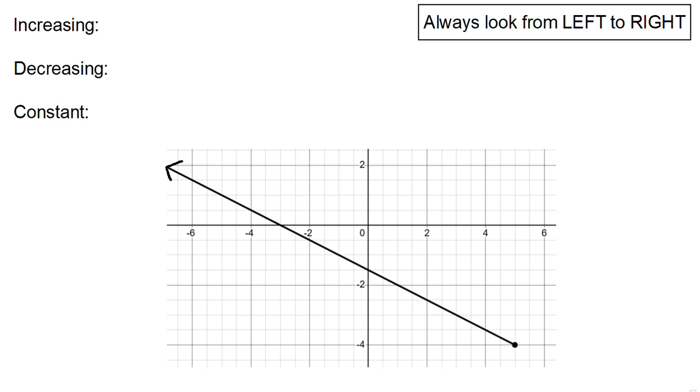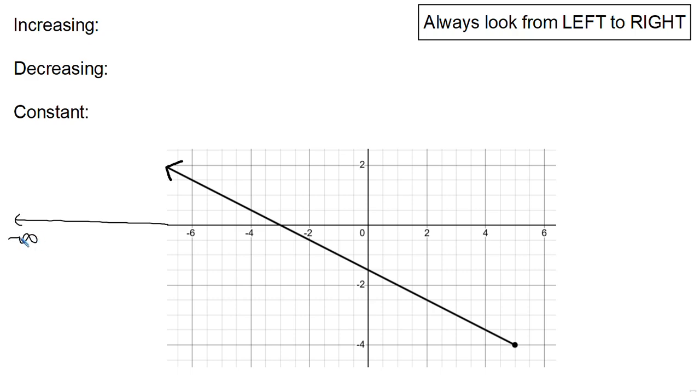On this one, a lot of students get tempted to say that this graph is increasing because they see an arrow pointing up. But we have to remember that we have to look from left to right. As I look from left to right, this thing is actually going down. It's decreasing. And it's decreasing from an x value over here of, well, as large as these x values get in the negative direction, right?